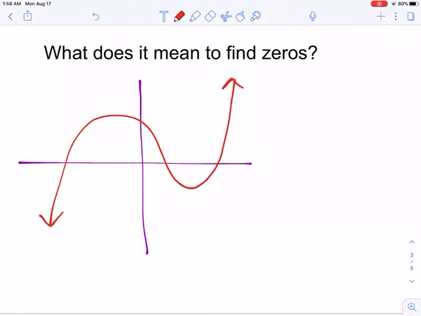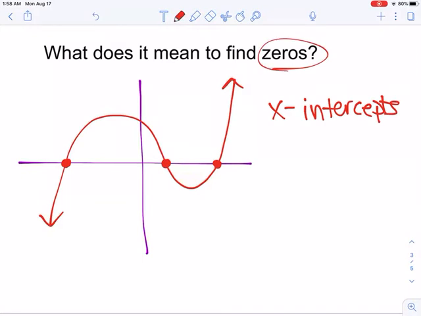If I ask you to find the zeros of a function, I'm talking about these right here. Zeros are the same thing as x-intercepts. We call them zeros because the y value at each of those coordinates would be 0.